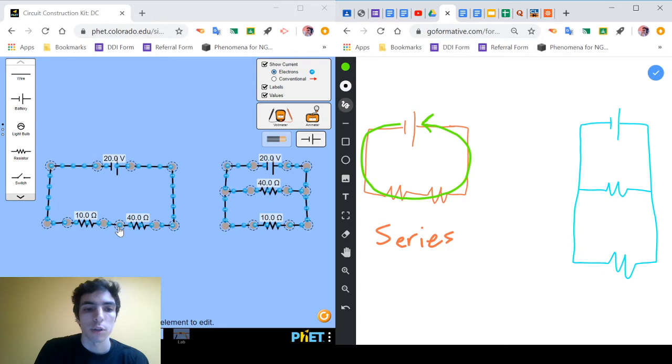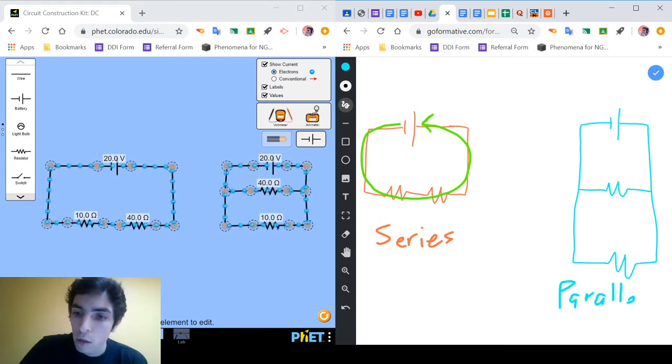Now today we're contrasting that with what we are going to call a parallel circuit. And that's what I have over here on the right part of the simulation and on the right side of this whiteboard. Now you can see that if we trace the electrons through this battery, when they get to this point, some of the electrons will come through this 40 ohm resistor and some of them will take the path through this 10 ohm resistor.